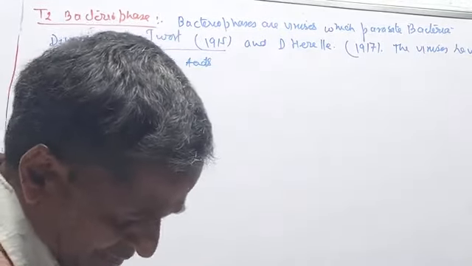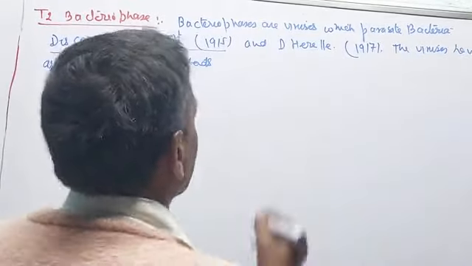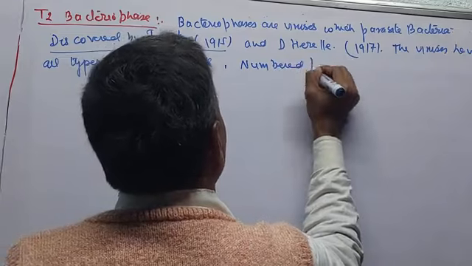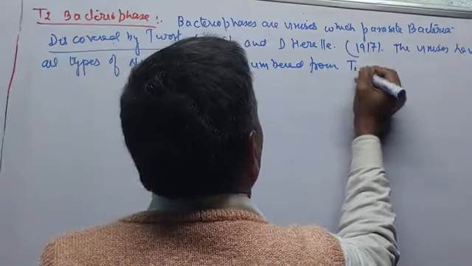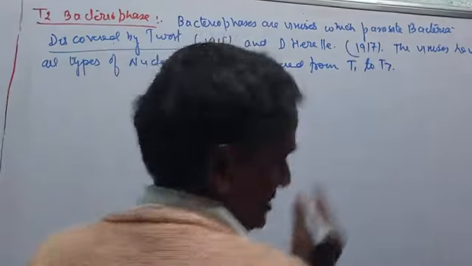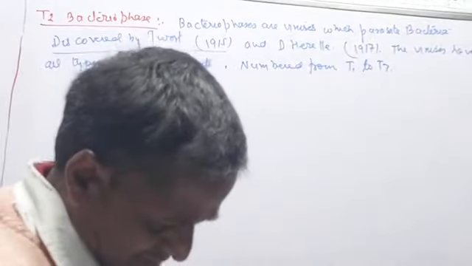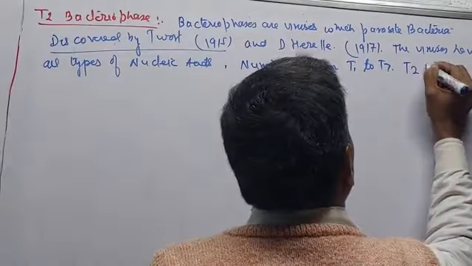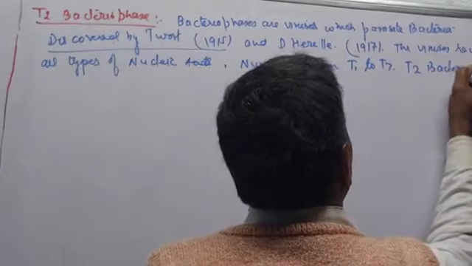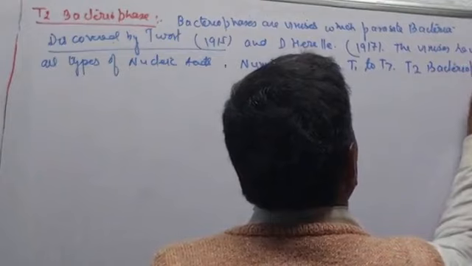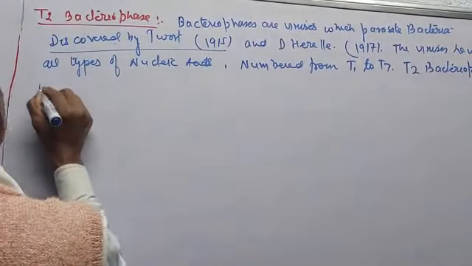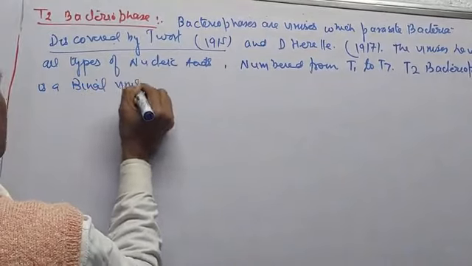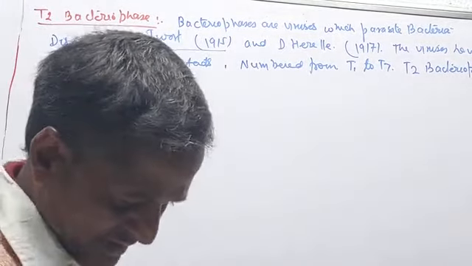They are numbered from T1 to T7. T2 bacteriophage is a binal virus.